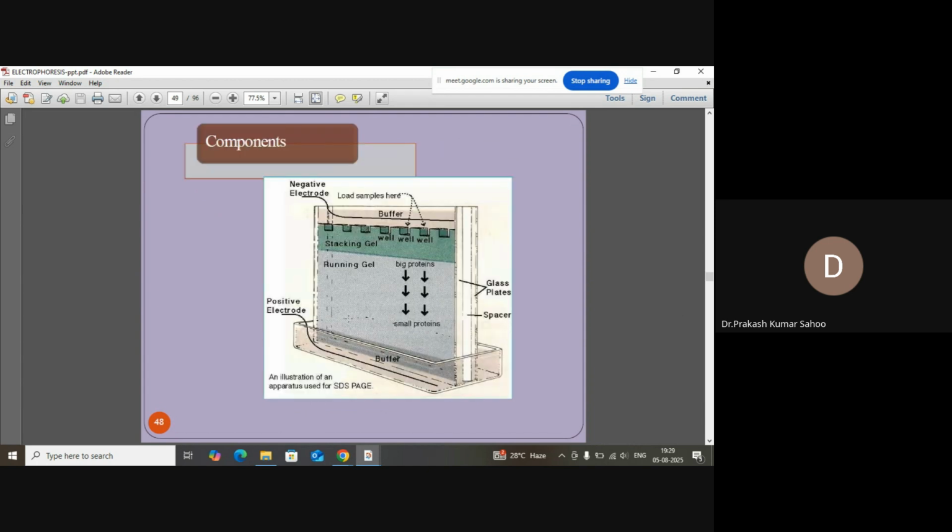This is the component with the negative electrode. We have the different segments, and this is the protein we have, and at the bottom it is the positive part, and it is deep in the buffer solution. Then in the SDS stage, the components of the amino acid or big size protein get separated.